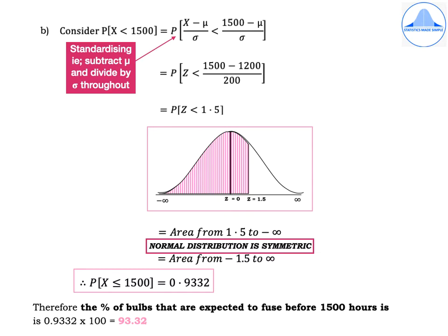So you'll get probability of (x minus mu) by sigma is less than (1500 minus mu) by sigma. (X minus mu) by sigma is z. Substitute for mu as 1200 and sigma as 200. So you'll get probability of z is less than (1500 minus 1200) divided by 200, which simplifies to probability of z less than 1.5.